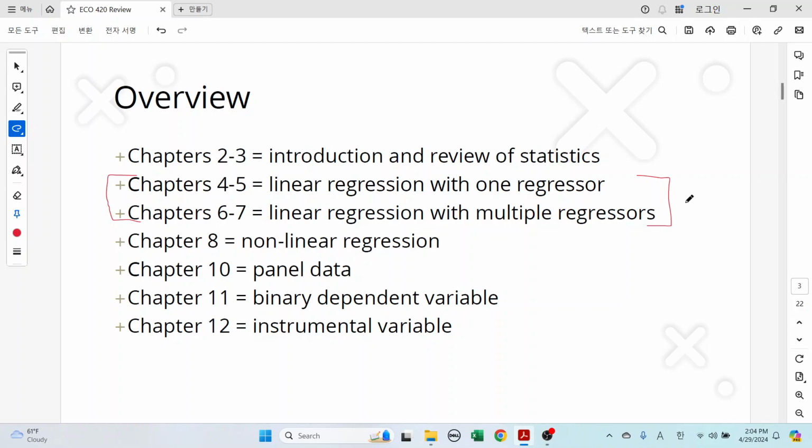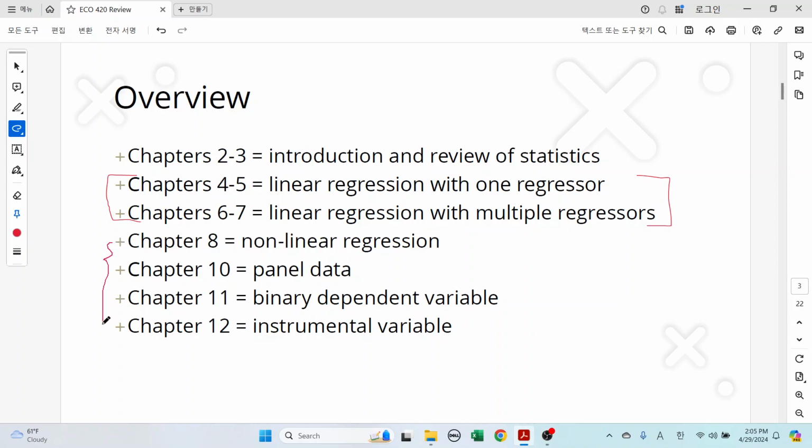Those are very basic terminologies and techniques for any kind of regression, so we just considered them in a linear model. They're important, but you don't need to memorize every single detail from here. Later in this review, I'm going to point out what you need to pay more attention to when you prepare for the final.